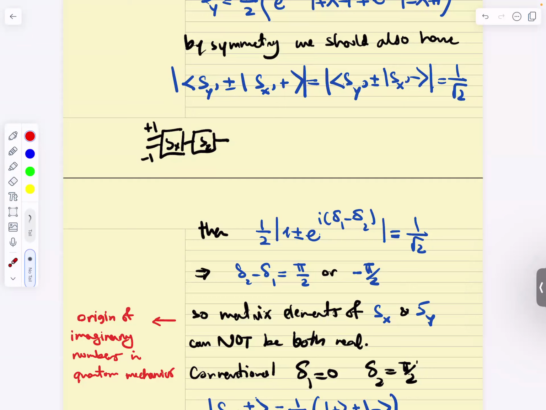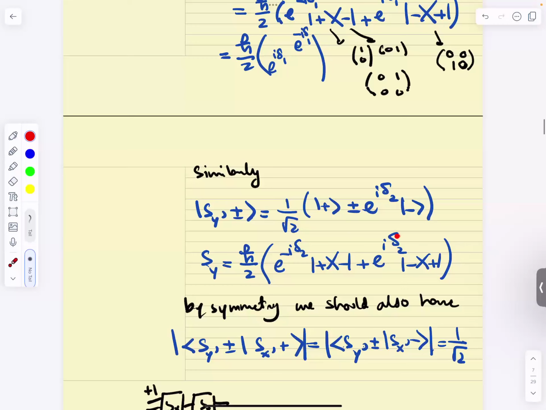So, what do you find? You found that this is the origin of complex numbers in quantum mechanics. If you set delta 1 to 0, so that your kets of S x plus minus don't involve complex numbers, now delta 2 will be e to the power of i pi over 2. What is e to the power of i pi over 2?